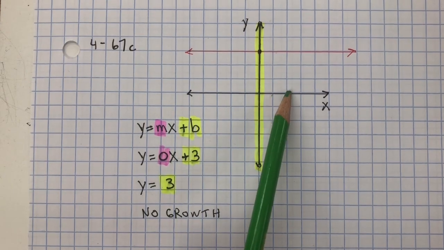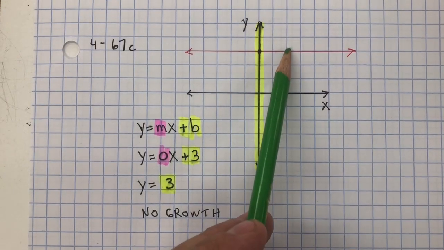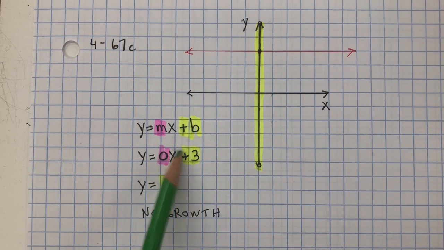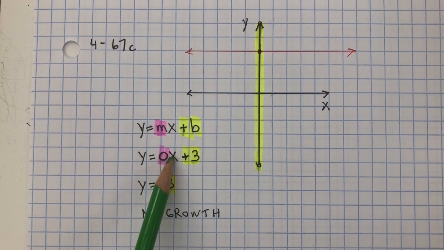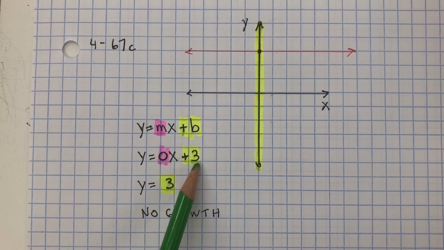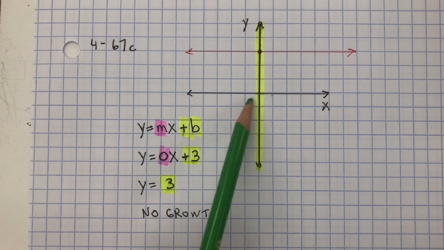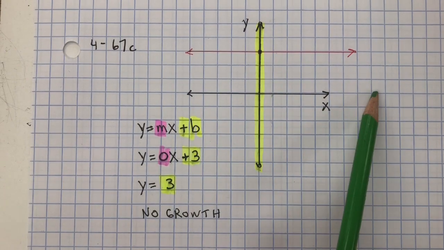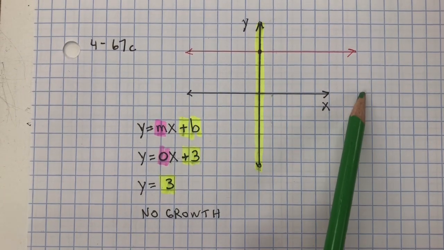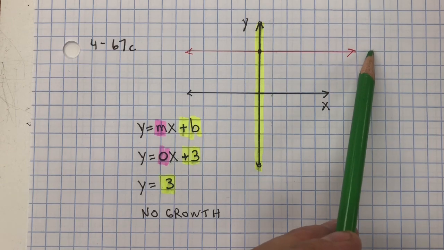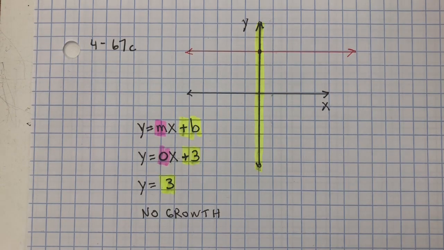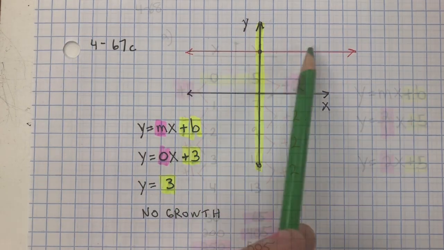So if x is 2, y is 3. It doesn't matter what value I put in for x, I'm multiplying it by 0, I will always get 3. If I put x equals 1 million, I would go positive 1 million on the x-axis, but y would be 3. So there's no growth on this.